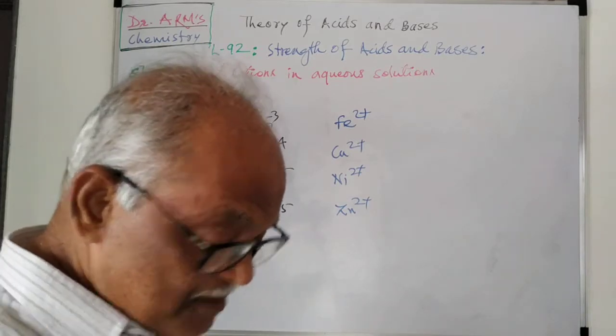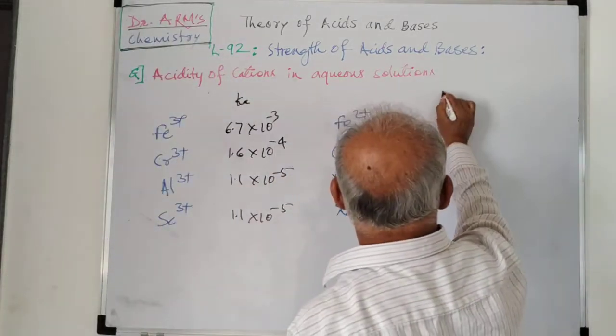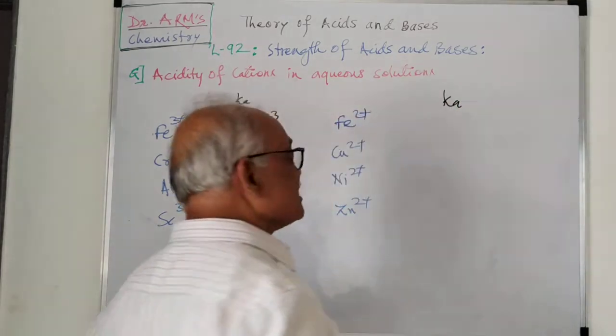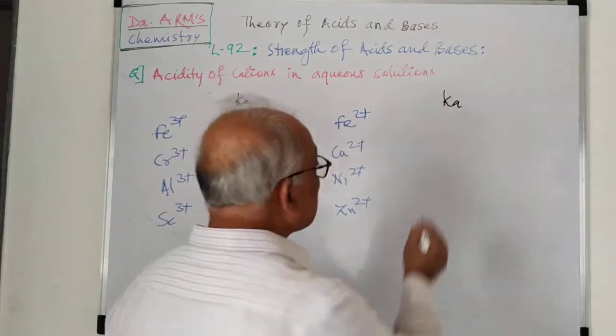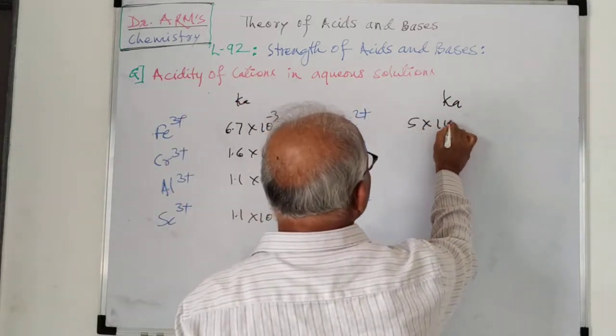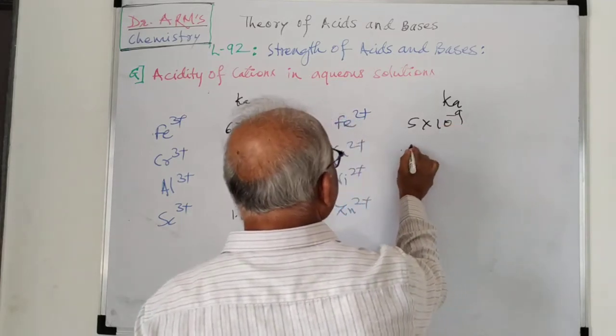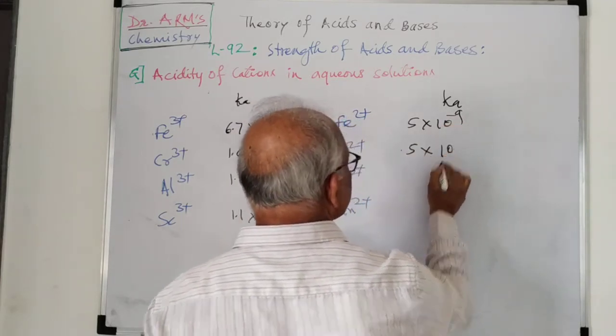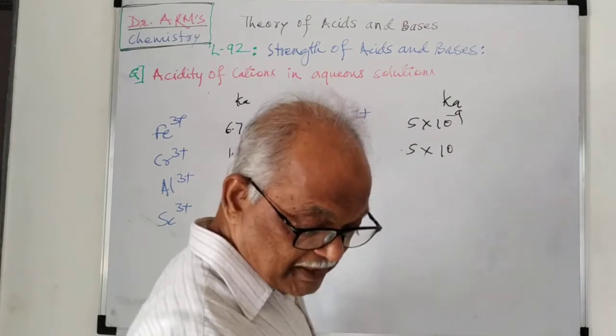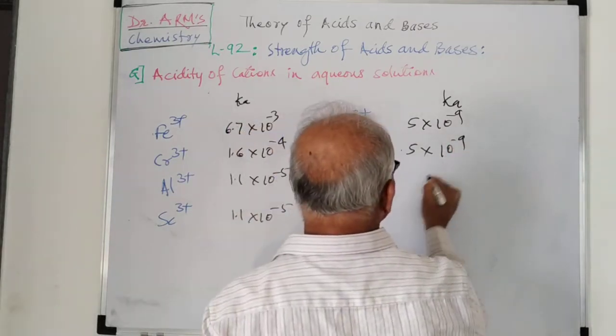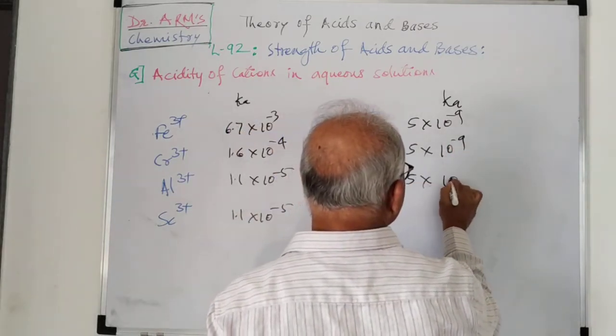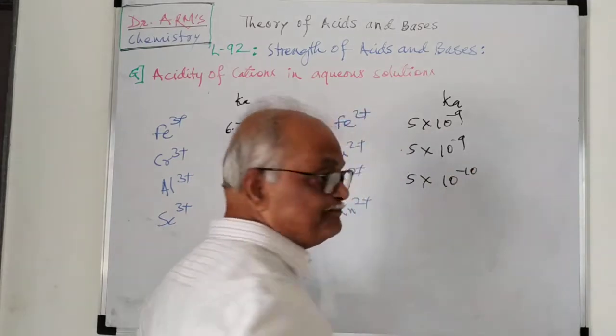Then their Ka values are like this. Fe2 plus has 5 into 10 raised to minus 9. This has 5 into 10 raised to minus 9. This has 5 into 10 raised to minus 10.